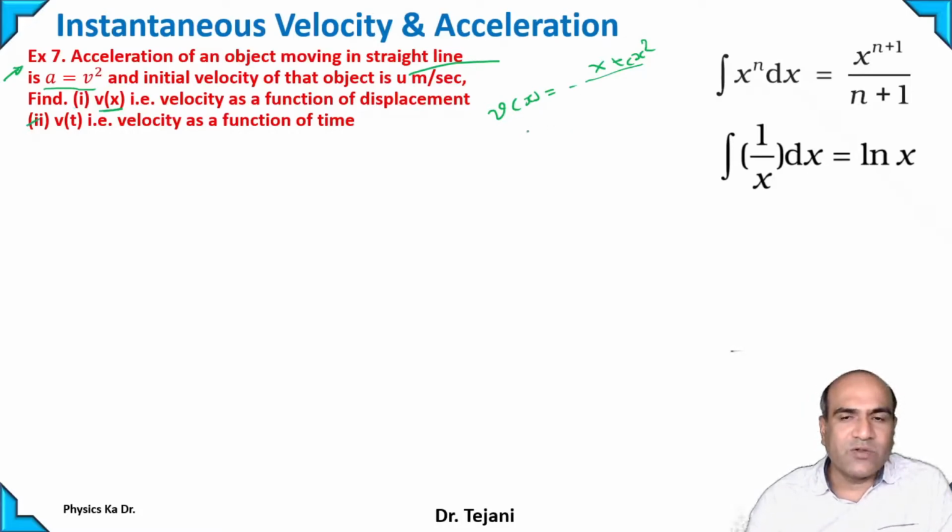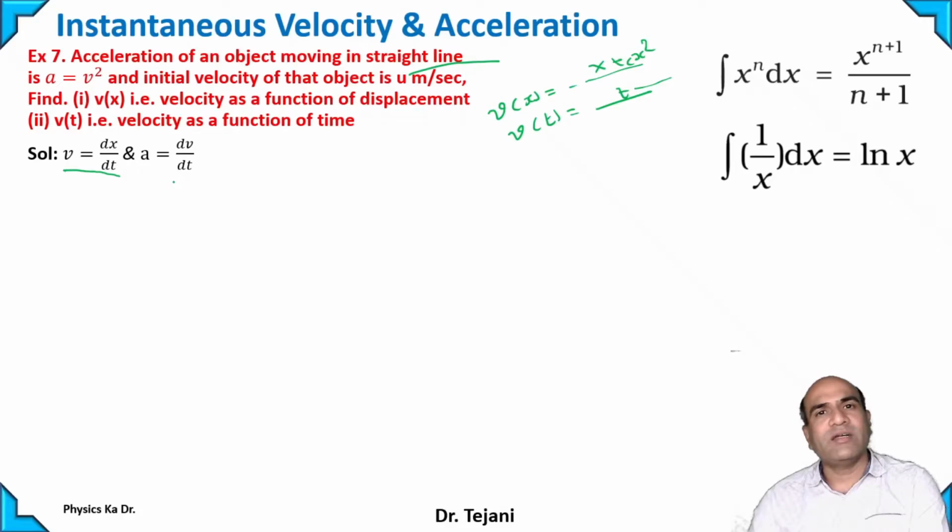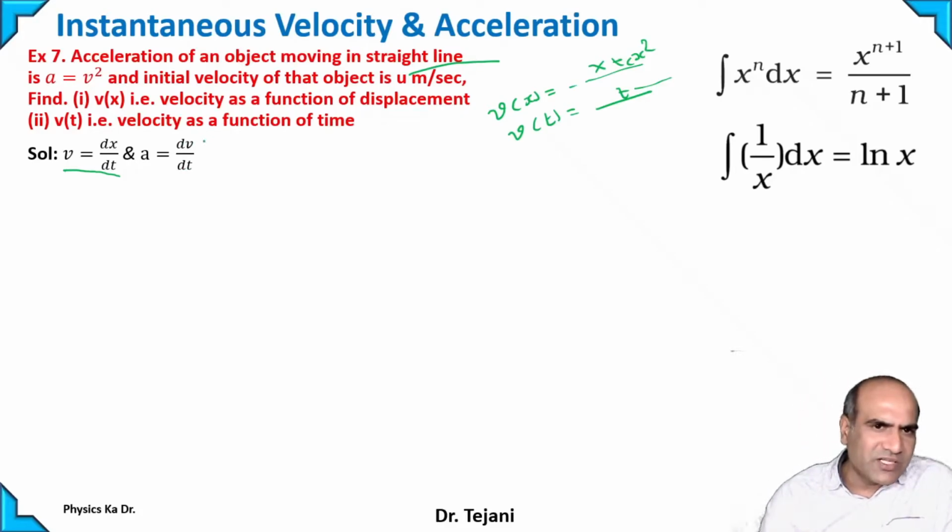And second, we need to find v of t, as a function of t. Both are very different. Let's start with the first one. What is given? a is equal to v square. We know that velocity is equal to dx by dt, the change of displacement divided by the change of time, and acceleration is equal to dv by dt.